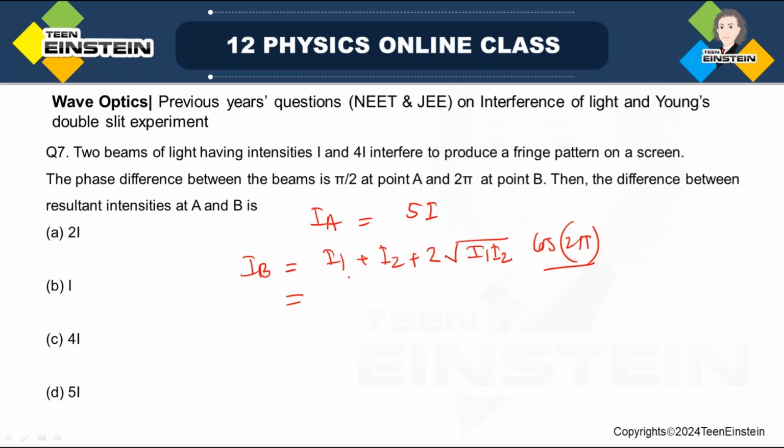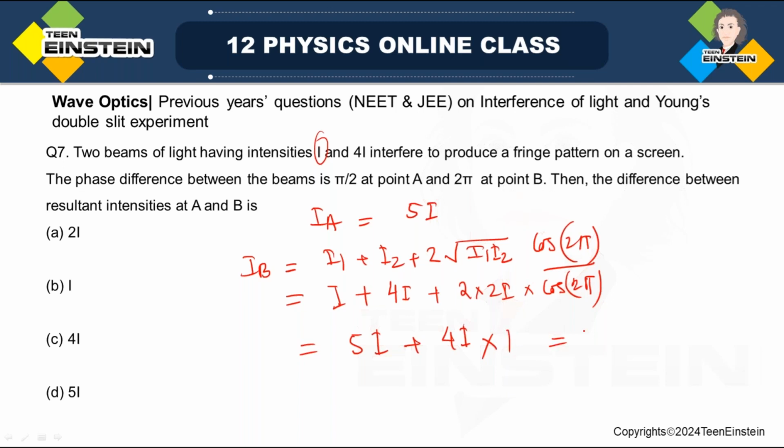So I1 is I, I2 is 4I, and the cross term is 2 root of 4I squared, that means 4I. So this is 5I plus 4I into 1. Sorry, this is into 1. So you get ultimately 9I.